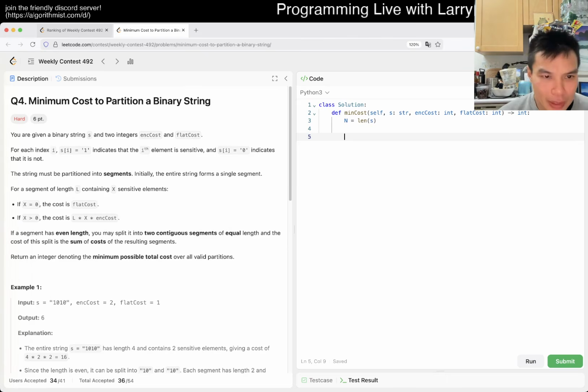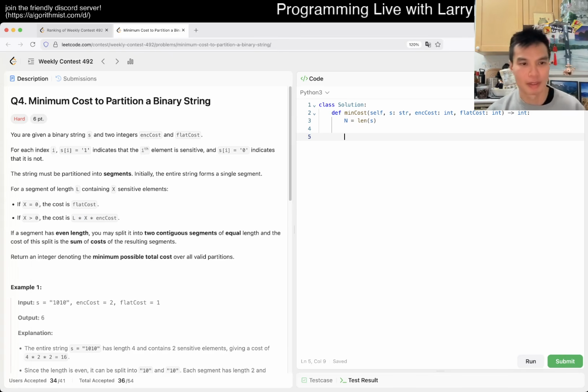Cost of the split. Entire string forms. I still just don't understand what odd means. Okay, well, I have no idea.